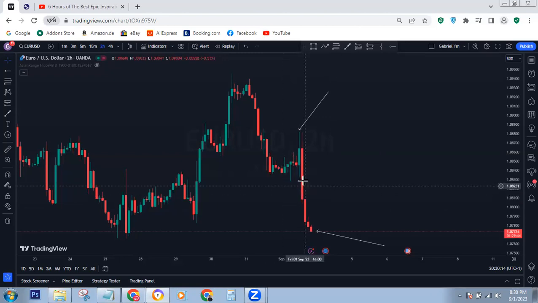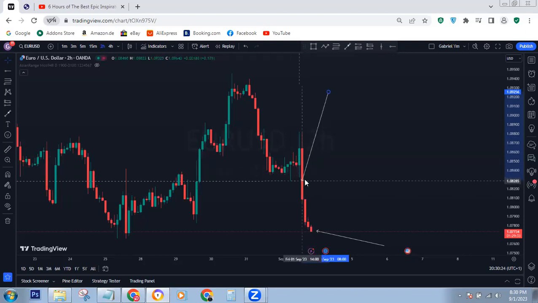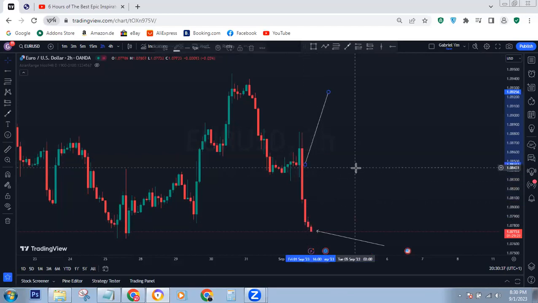Inside this candle, there are still other candles. This particular long candle was made up of many candles inside. That is coming down to time frame.